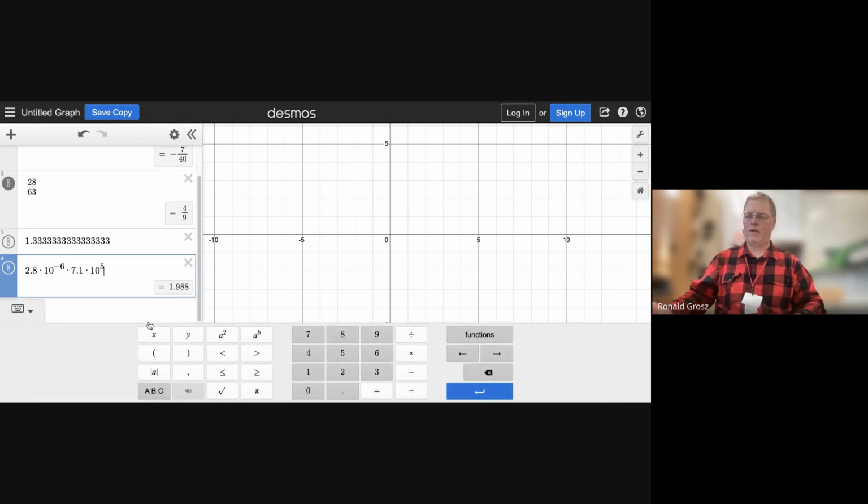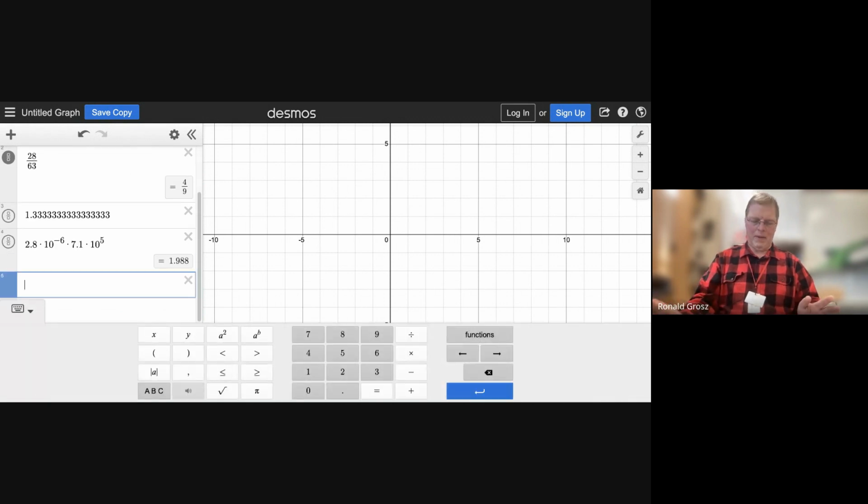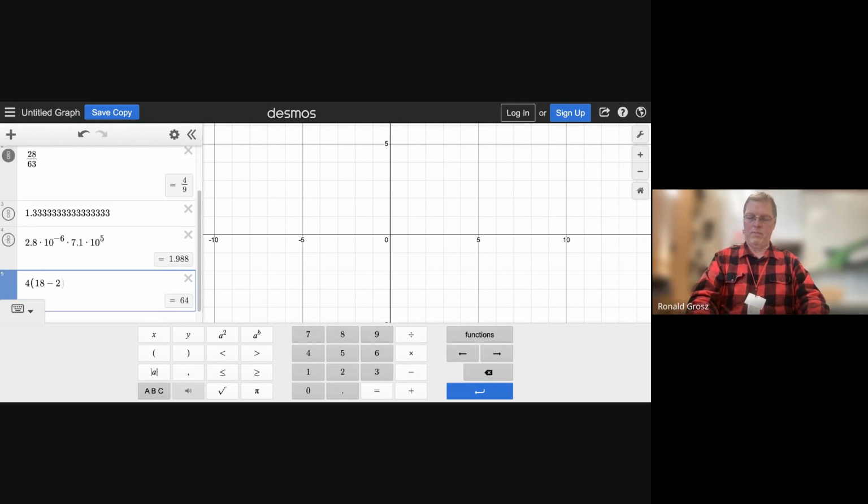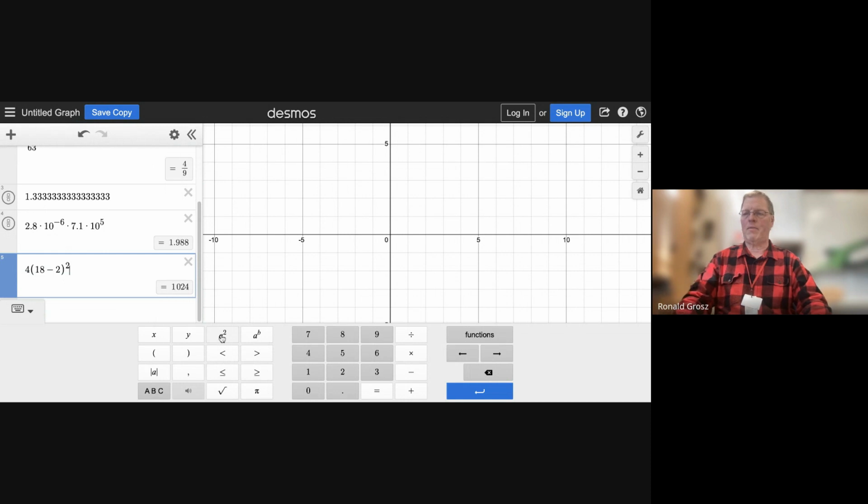Like all other calculators, it should be able to do order of operations. So I'm taking 4 times the parentheses 18 minus 2 to the 2nd power. So I would use either the square key or this key, a to the b. Either which way, you'll get it to the 2nd power.